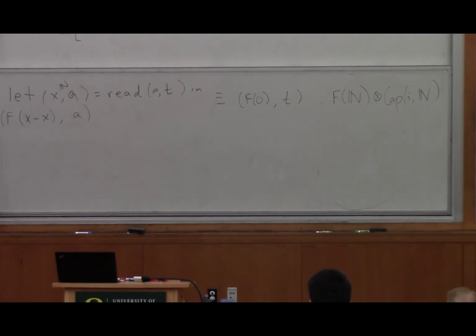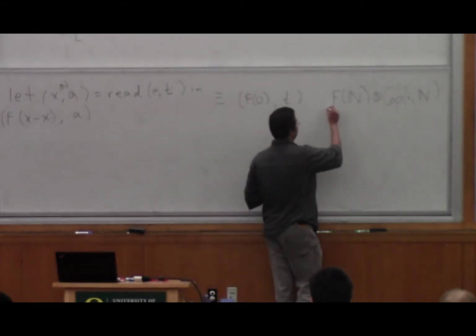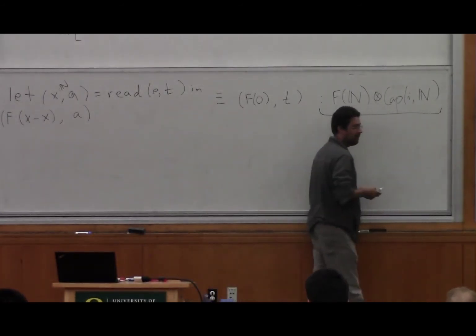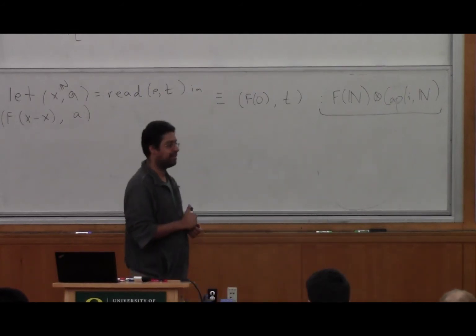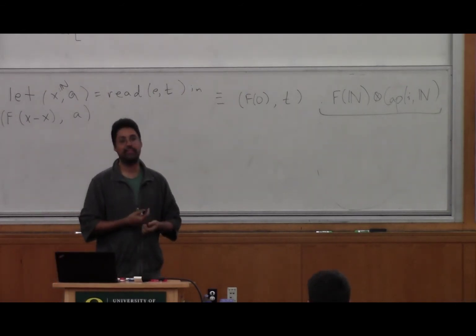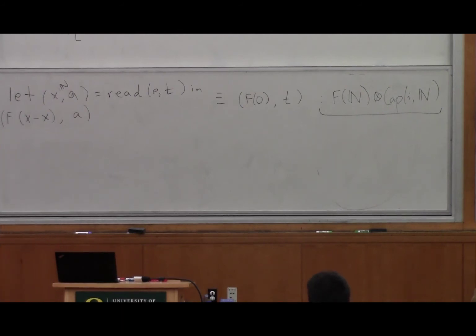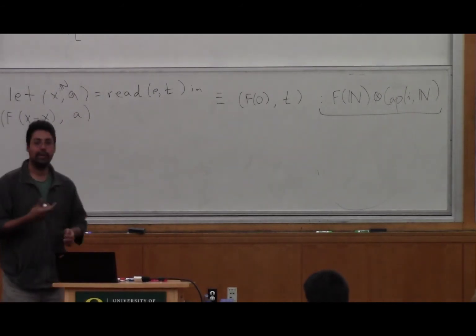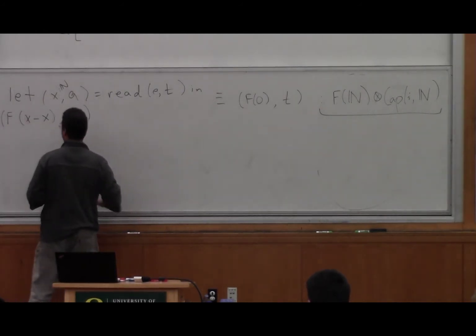That's the kind of equation that we wish to be able to establish. And the secret is that if we're talking about equality as a type, then instead of defining one notion of program equality, we'll define a whole family of them. For each type, we're going to define what it means for two elements of this type to be equal.